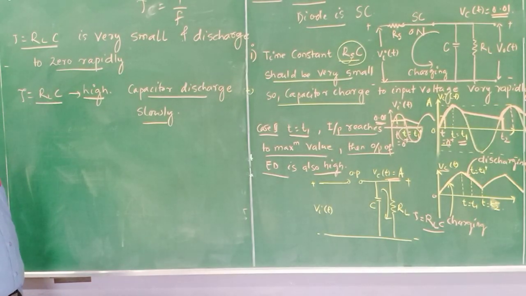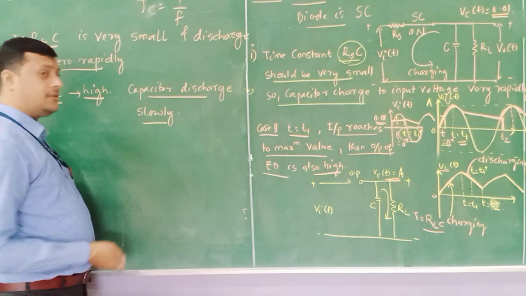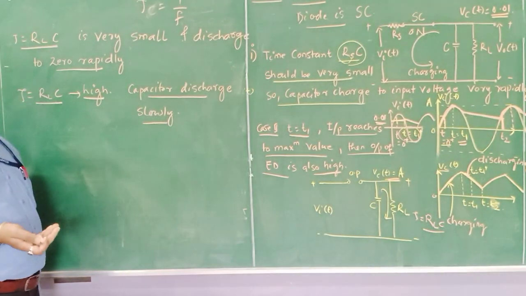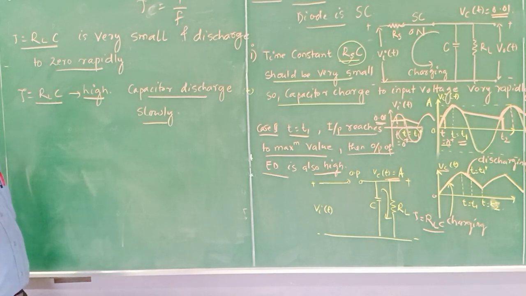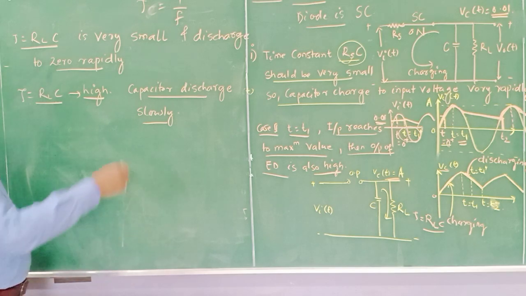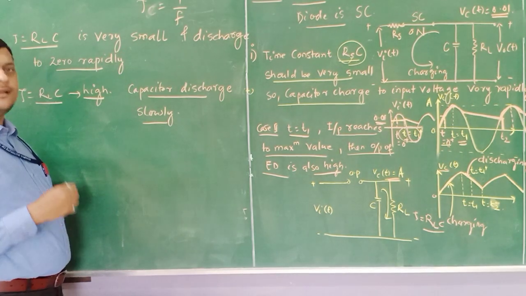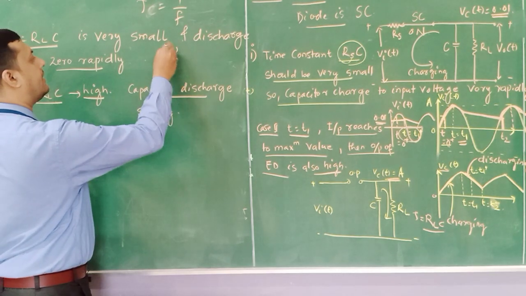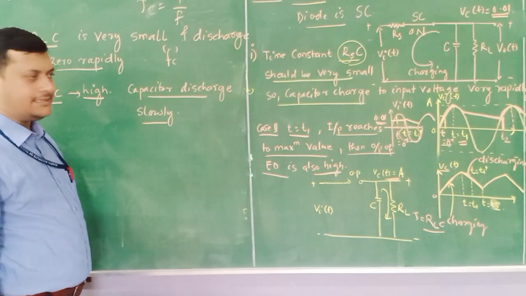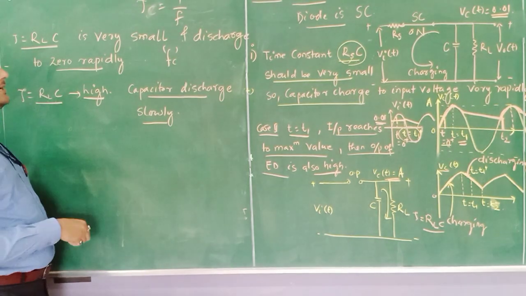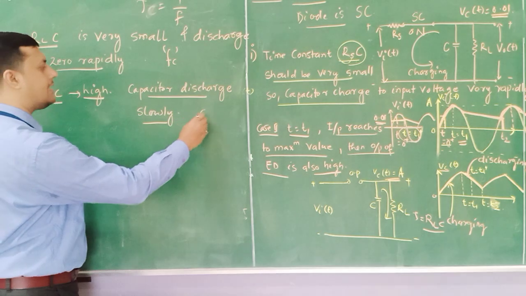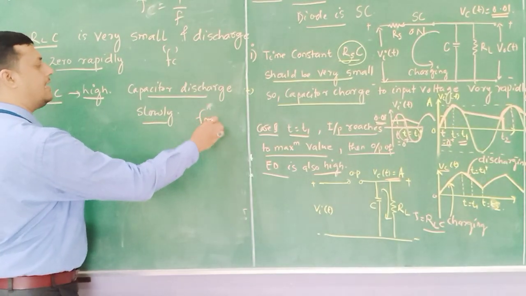Now what is the disadvantage of this? The disadvantage is that it will identify the component, and the time period it will take more to identify the presence of the modulating signal. So if your frequency is very high, I can say it is related to the carrier frequency, and if the discharging time period is very high, that means frequency is less, I will relate it with respect to modulating frequency.